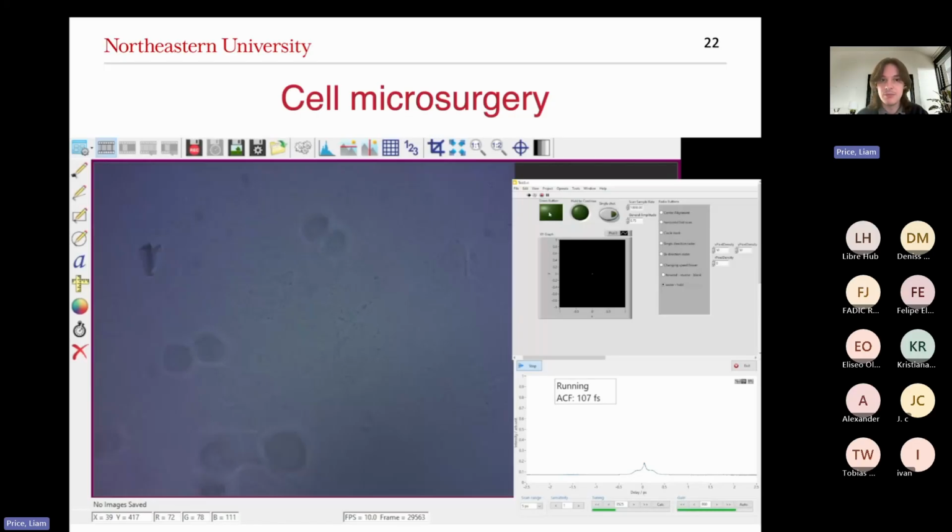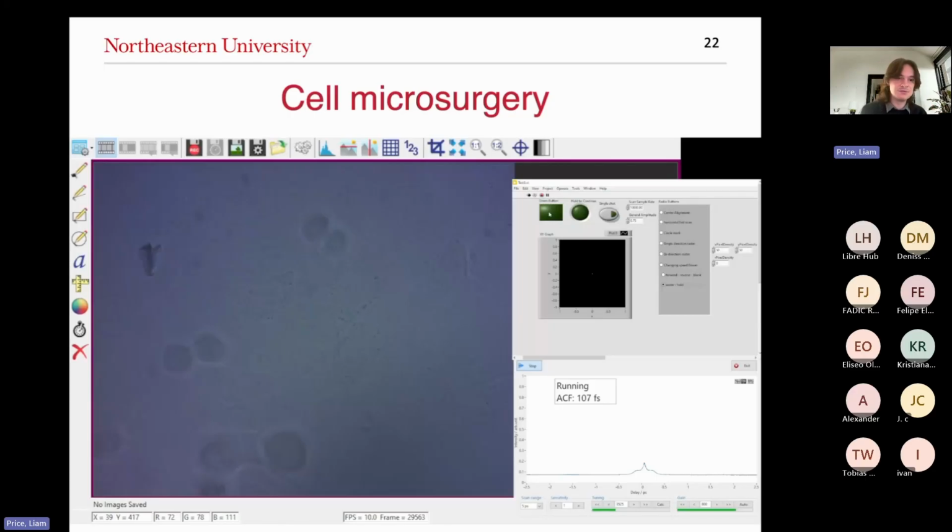And then we put PI dye into these plates, propidium iodide, which is a very common live-dead stain for cells. The way that it works is that it generally will stay outside the cell until a cell is dead and its membrane is permeable.